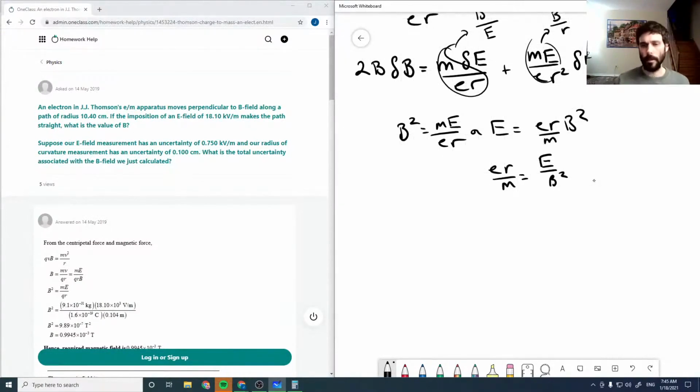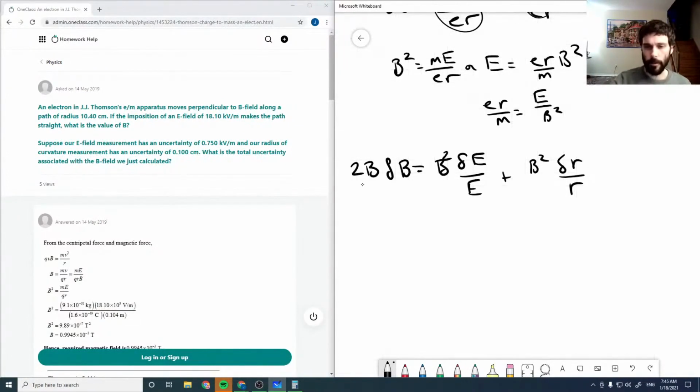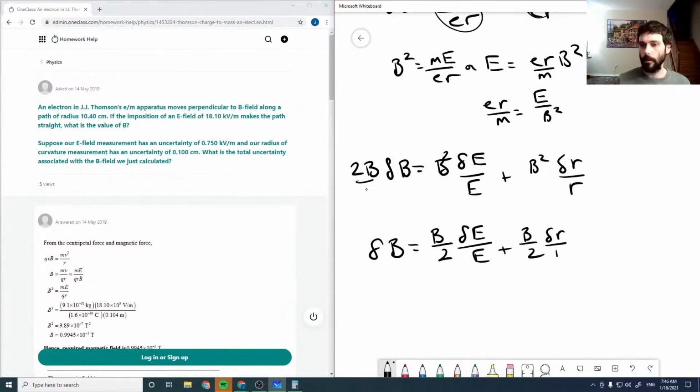Okay, so then we have 2B del B is B del E over E plus B squared del R over R, dividing through by the 2B on this side. Then our del B is just B over 2 times del E over E plus B over 2 del R over R.